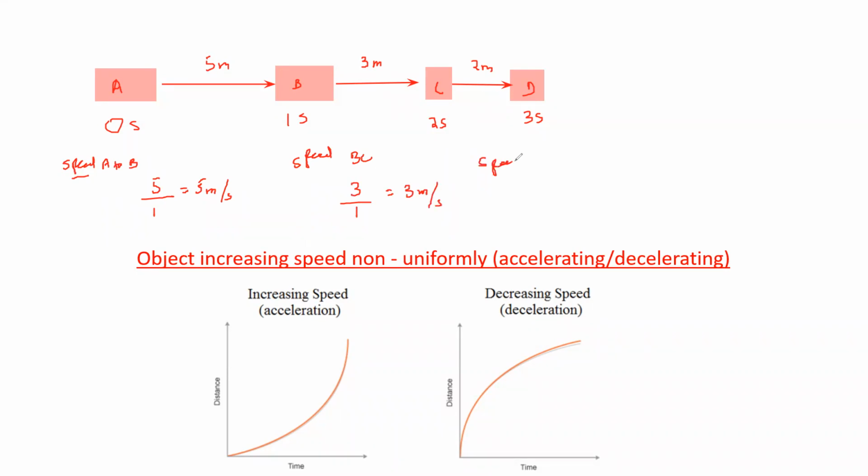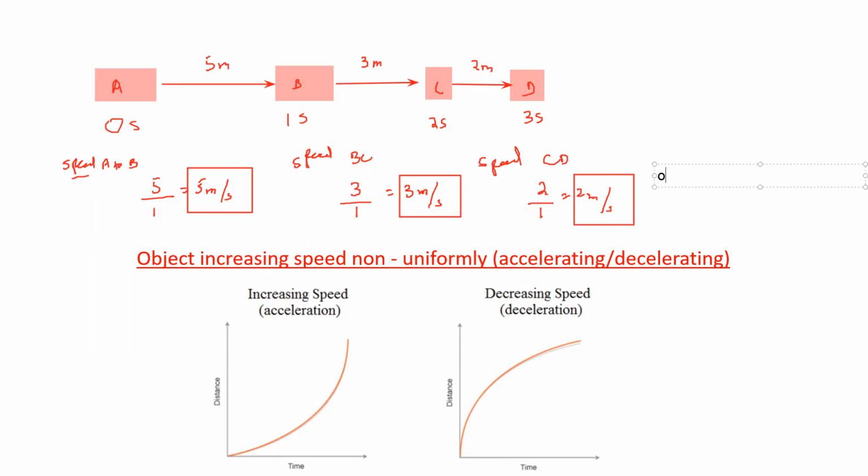And for the speed of an object from C to D, the distance traveled is 2 and the time interval is 1. So it is 2 meters per second. Whenever the speed of an object is decreasing, we use the term deceleration, or we can say this object is decelerating, because the term deceleration means speed is decreasing.